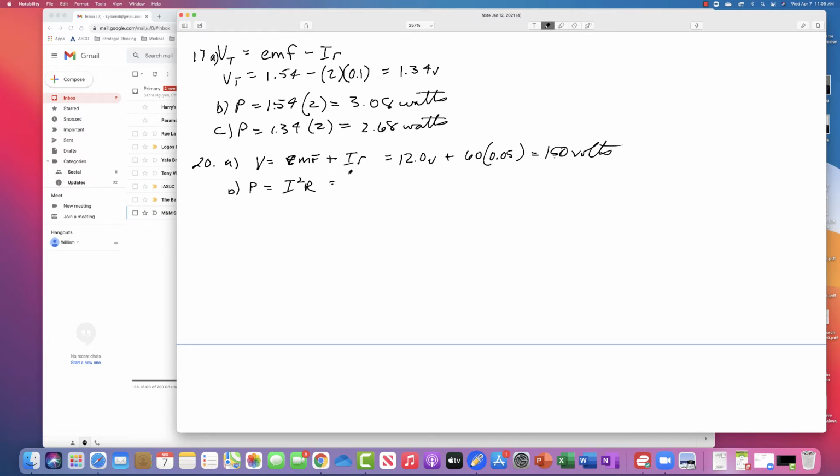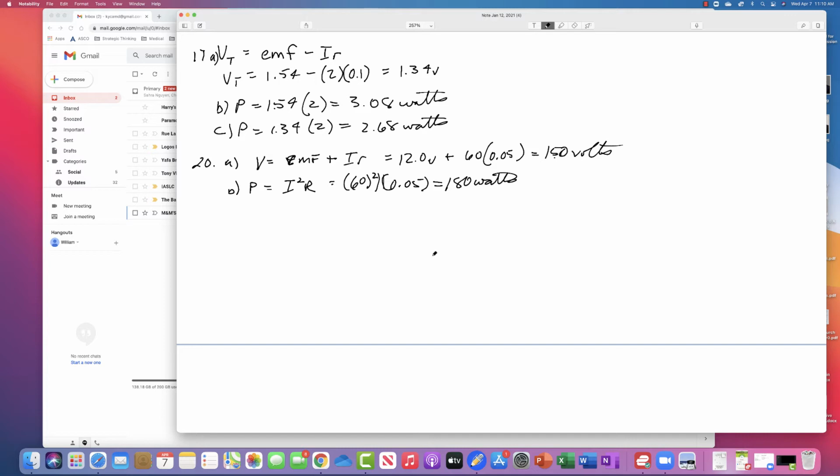In this, it's going to be 60 squared, because that's the current, and the internal resistance is 0.05. And so you're producing 180 watts internally, okay? And that is converted into thermal energy.